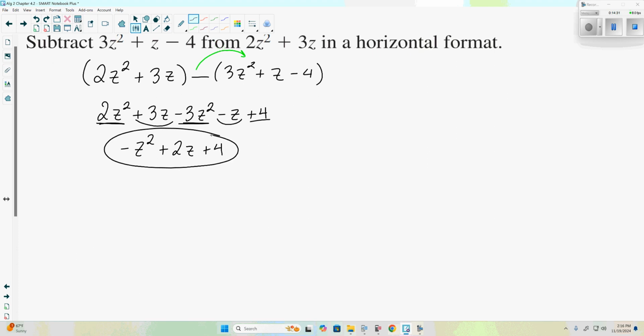Questions with subtraction. Do you feel good with subtraction besides the funky wording? Questions on anything we've done so far?